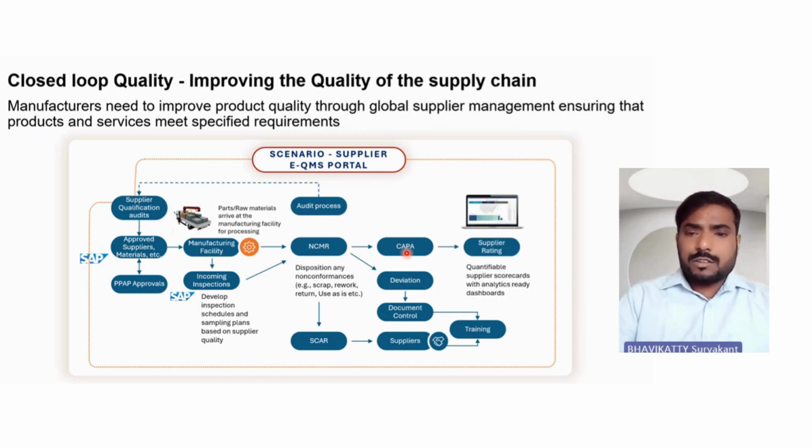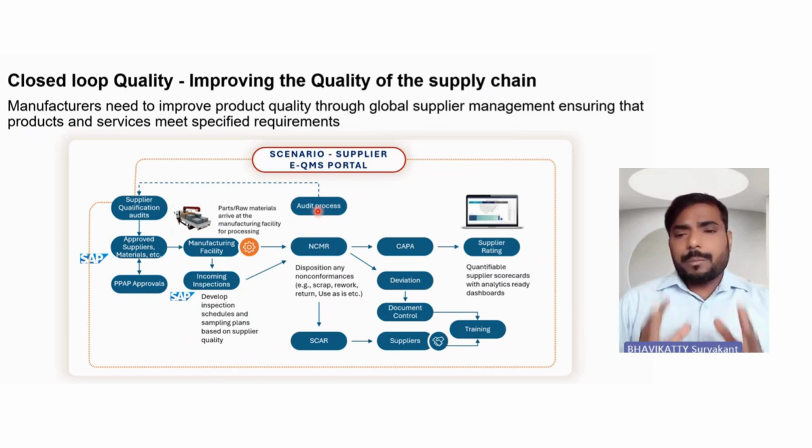These different parameters are considered to rate the suppliers. So here the system, this platform, will allow you to have your own criteria, so that the supplier rating module will connect to CAPA, NCMR, SCAR, incoming inspections for PPMs, and audit score from the audit process. This is how the supplier rating is linked with the different applicable modules, so that the overall supplier rating will get generated here.